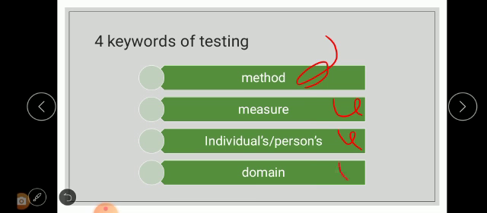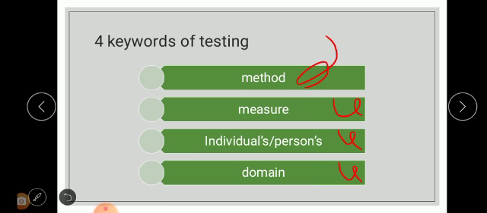And the last keyword, there is domain. Domain means areas. In a test, we will focus on what kind of areas, what kind of domain, what kind of skill will be measured. For example, when we produce a test of vocabulary, it will focus on anything related to the component of vocabulary.